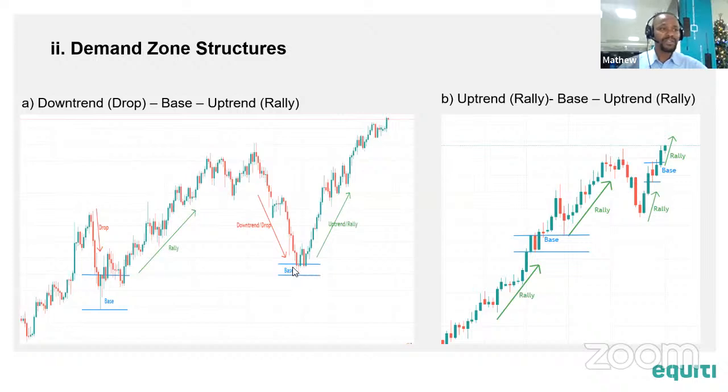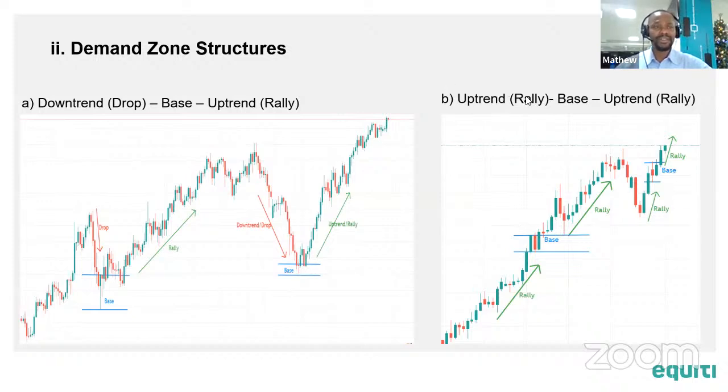A high probability one is where the price gets in and exits very fast. Like you can see here, we had one initiation candlestick, then the next one went off that level. This is a good indication that it is validating that demand zone.